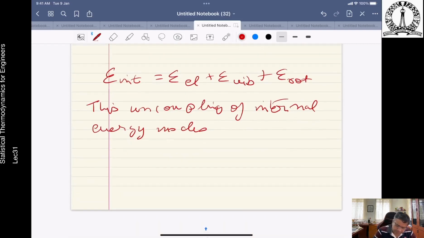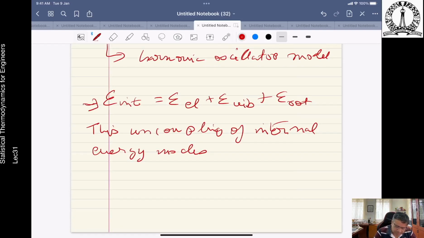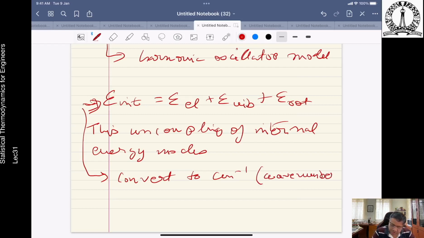Now if we convert this equation to units of wave number, so centimeter inverse, the internal energy is written as Te plus G(v) plus F(J).